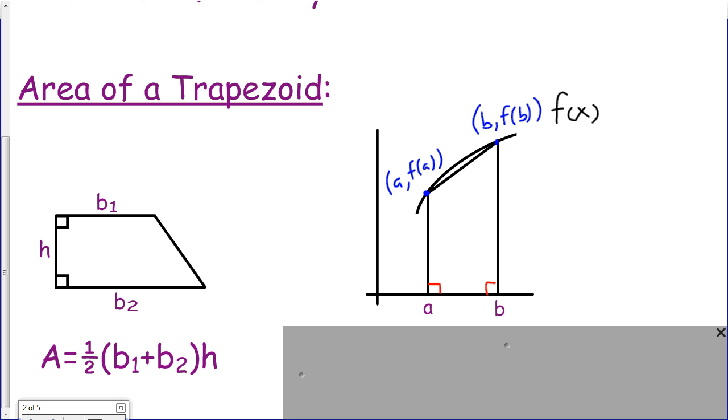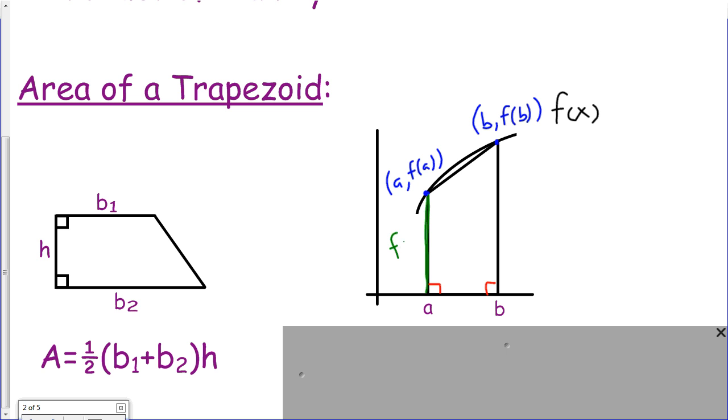Now the significance of that for us is this. If I were to measure this base of this trapezoid, I'm measuring the distance from the x-axis to that point on my curve. And that's exactly what the y value tells me. It tells me how far I am from the x-axis. That's what the y value is.